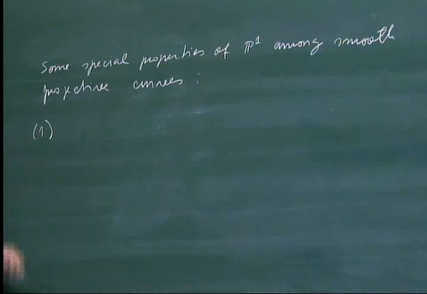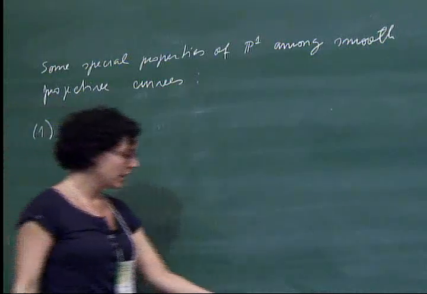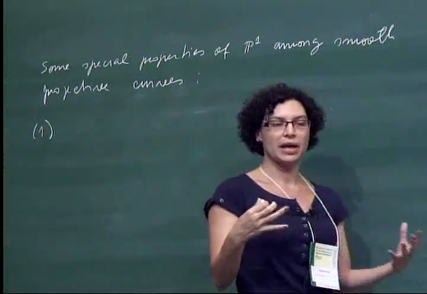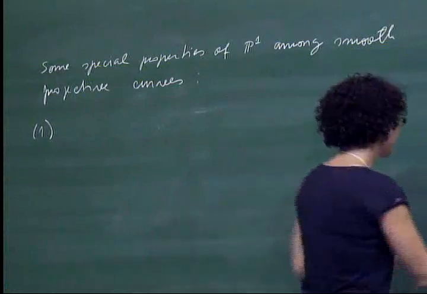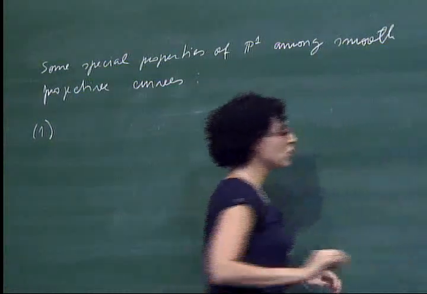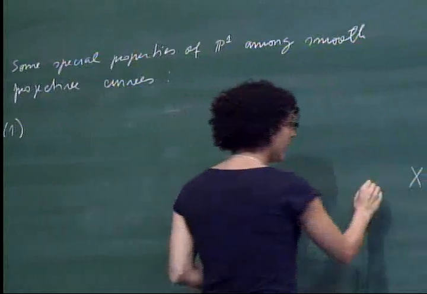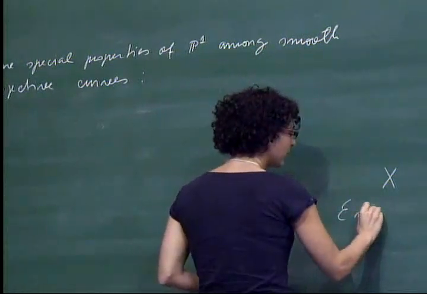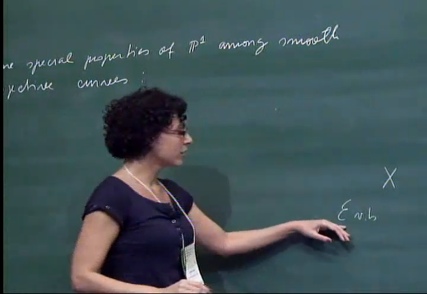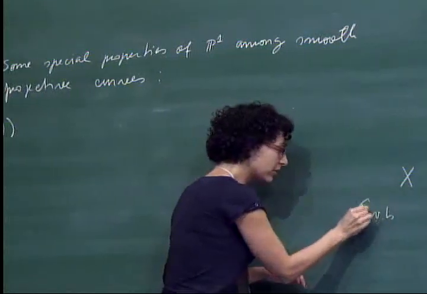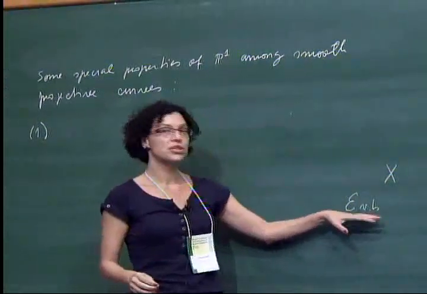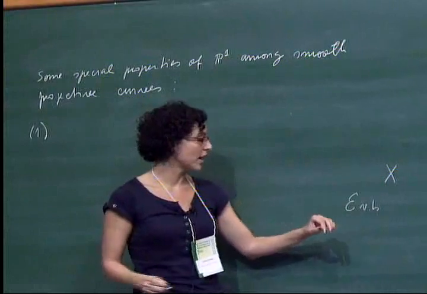So the first very nice property concerns vector bundles on P1. For instance, if you have a projective variety X and some vector bundle on X, you want to say something about this vector bundle. In general, it's very complicated to understand a vector bundle on a projective variety.